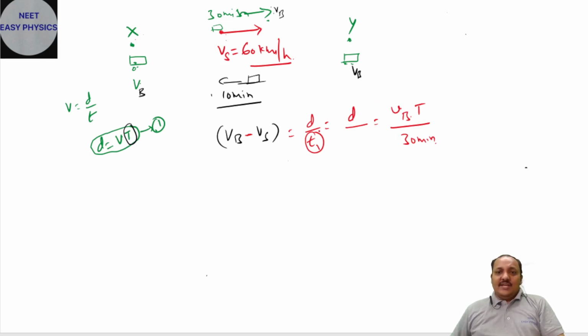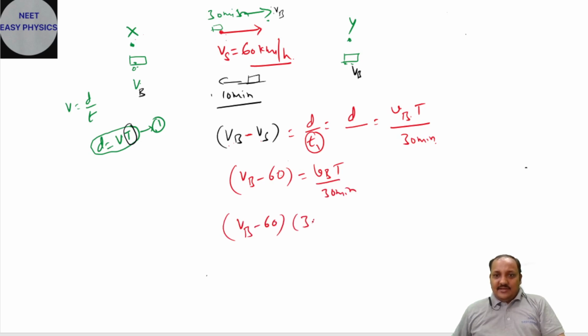We should calculate the velocity of the bus. So VB minus 60 kilometer per hour is equal to VBT divided by 30 minutes. So VB minus 60, into 30 minutes, is equal to VBT, velocity of bus into time. Call it equation number 1.